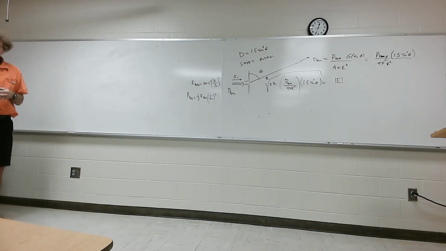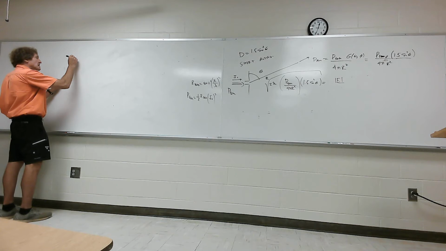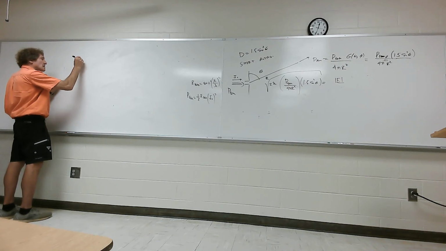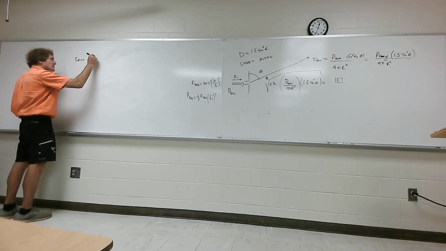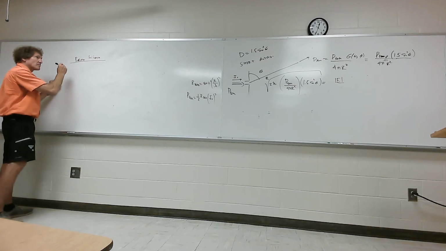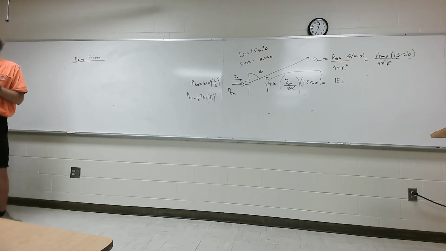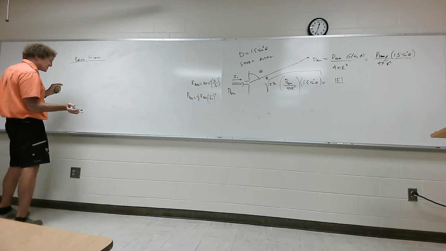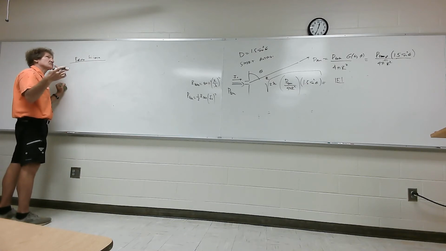It's beam width. The beam width of an antenna is real important. What they really are talking about is the angular spread, the actual beam width between half power points.